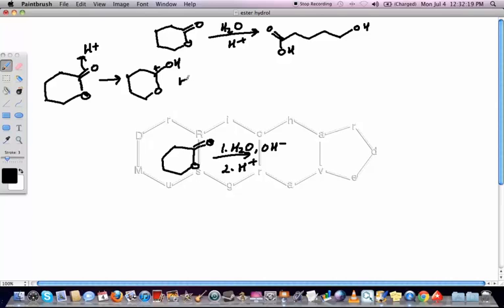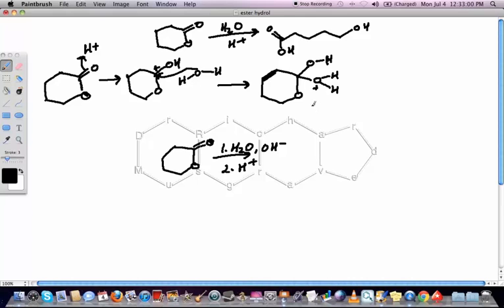And now we're going to have water come in with the O attacking the C plus. And now we're going to have this here with the positive charge on the oxygen.